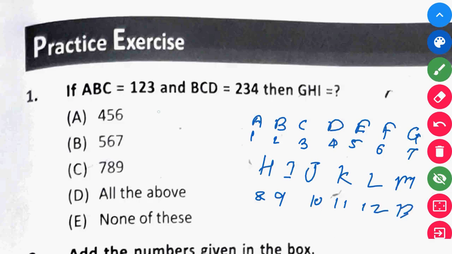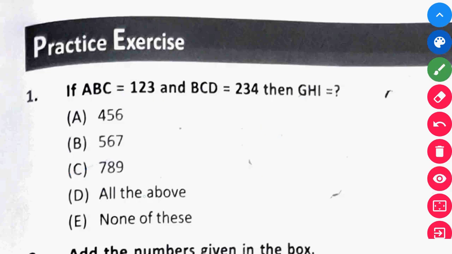So if you look at the problem carefully, A is at number 1 position, B is at number 2 position, C is at number 3 position. So their position numbers are given here. B, C, D, is the same pattern followed? So check it. 2, 3, 4, yes. Now G, H, I. G is at 7th position, H is at 8th position, I is at 9th position. So 7, 8, 9 will be your answer. So answer C is the correct answer.